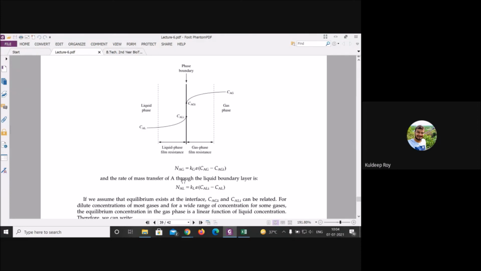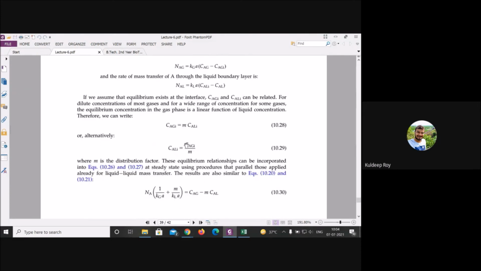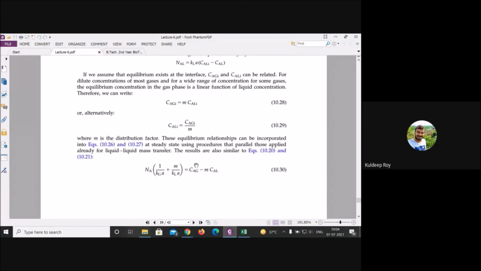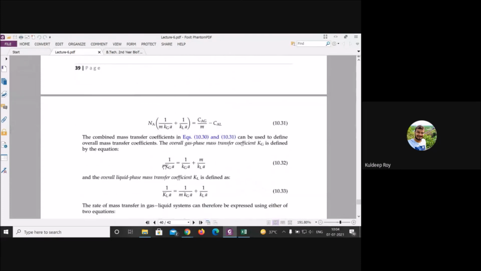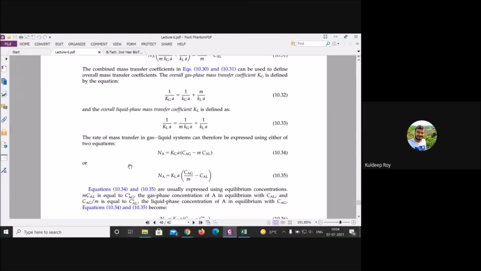Then you have to rearrange, and determine the partitioning coefficient, same thing, and determine the overall mass transfer coefficient, or the overall gas transfer coefficient. Now you can see overall for liquid mass transfer, overall for gas mass transfer. This is the whole derivation.